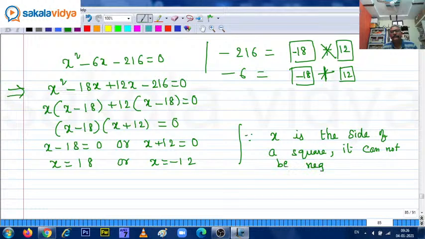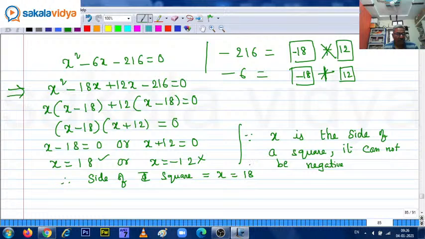It should be positive. So that's why it is neglected. Therefore, the side of the first square equals x, that is 18 meters.